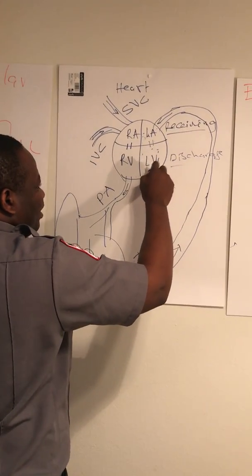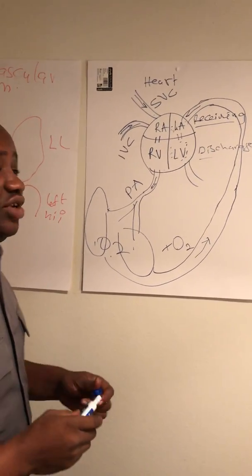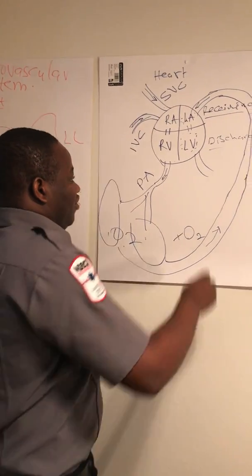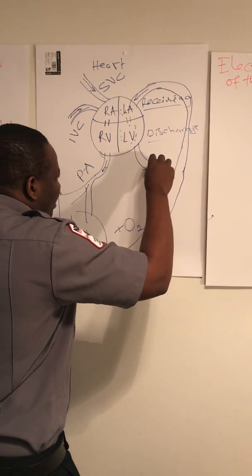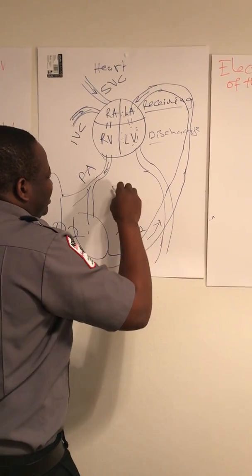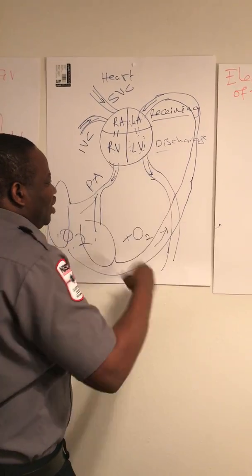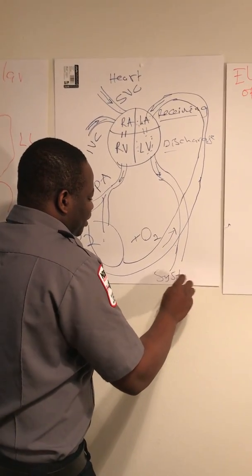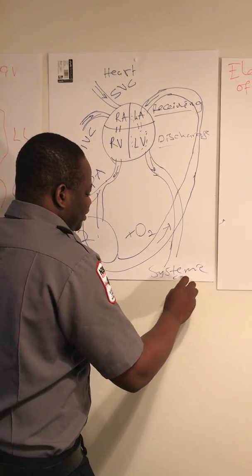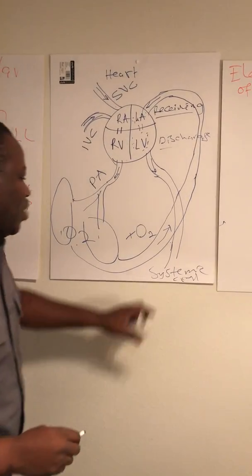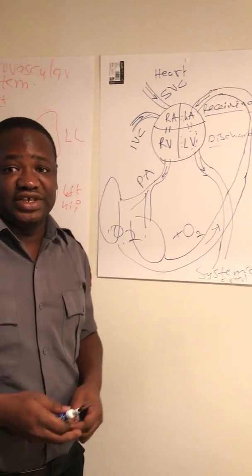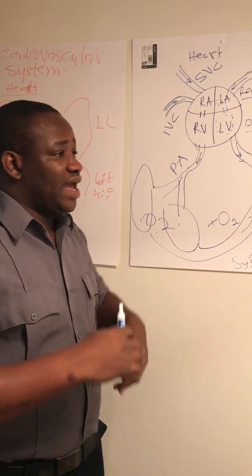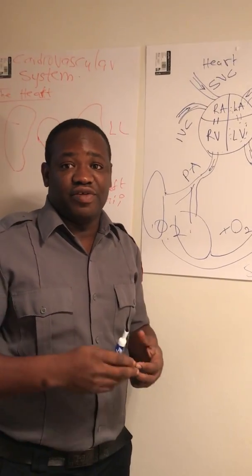So the blood will come into the left ventricle. When it comes into the left ventricle, we all know it contains oxygen. So it will be pumped through another vessel, which is an artery, because the blood is moving away from the heart, and it goes to the body in what we call systemic circulation. So when it comes into the body, the whole body is nourished with oxygen, and this cycle keeps repeating itself over and over again.